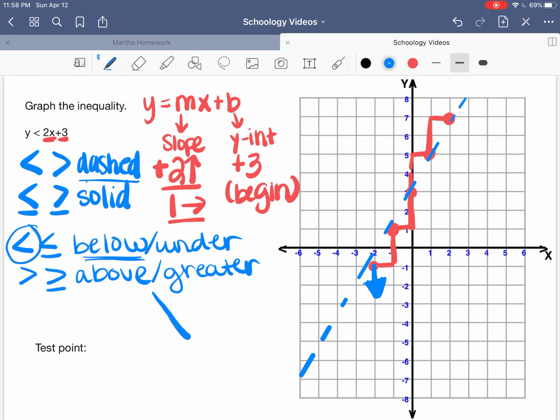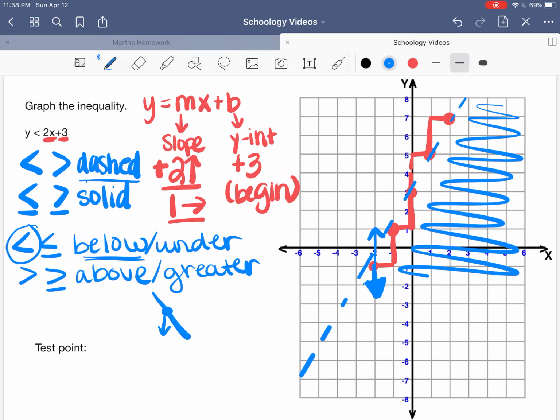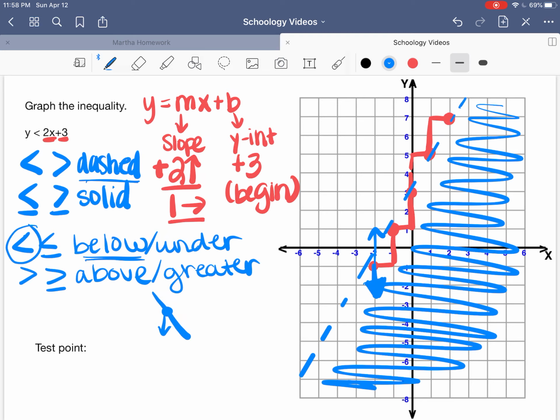For example, if you had a negative slope, under the line would be to the left of it. So be very careful when you're shading. Make sure you draw yourself an arrow. If you were shading above, you can draw an arrow going above, and that would be where your shading would go. So here it would be under. All right, and that would be your answer.